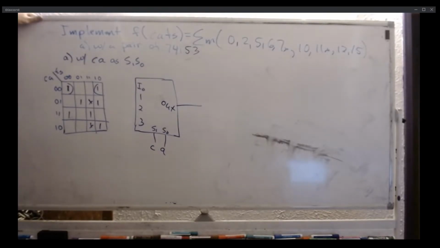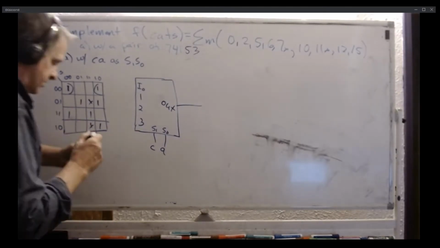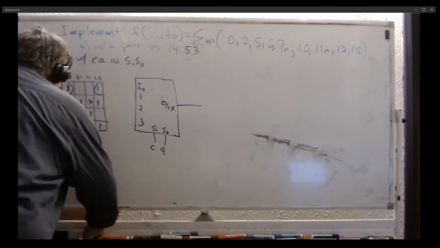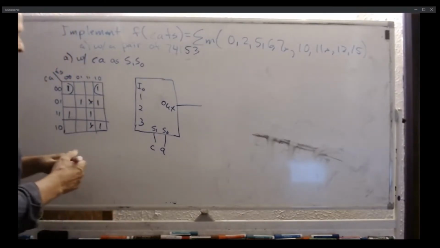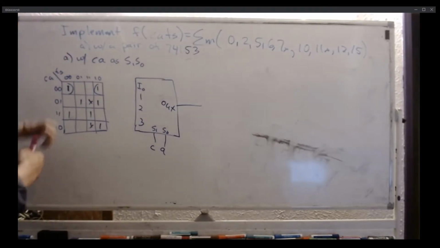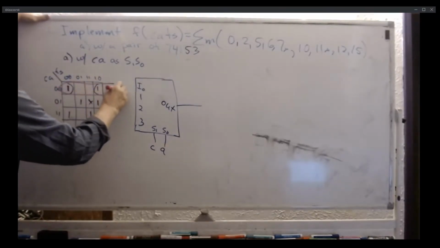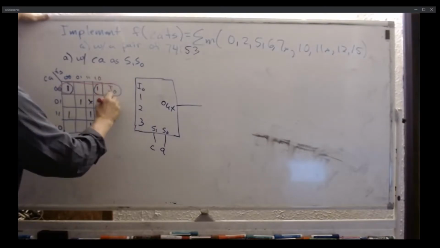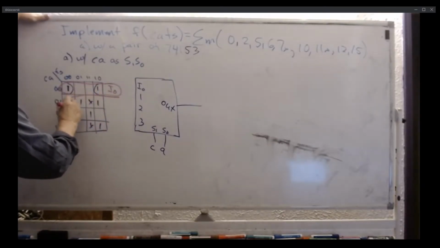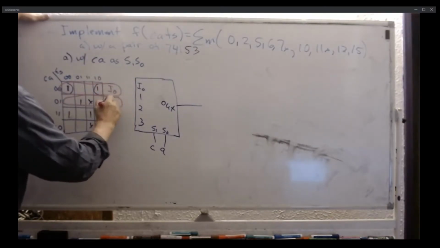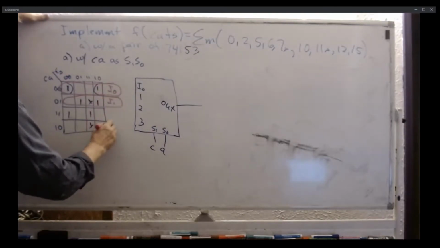In this case, would you mark where I0 through I3 are? Absolutely. On the Mux itself, 1, 2, and 3 are I1, I2, and I3? This is I0. I1.